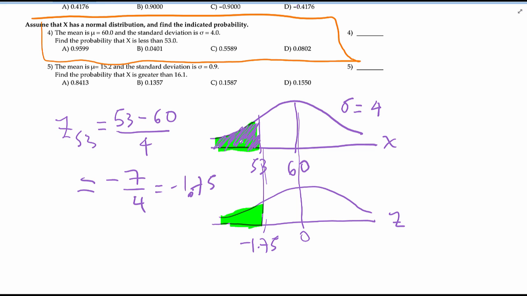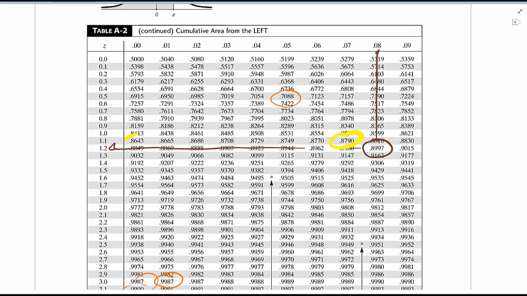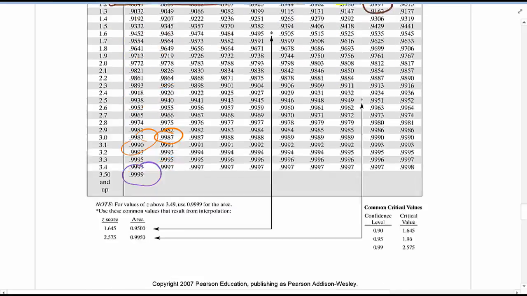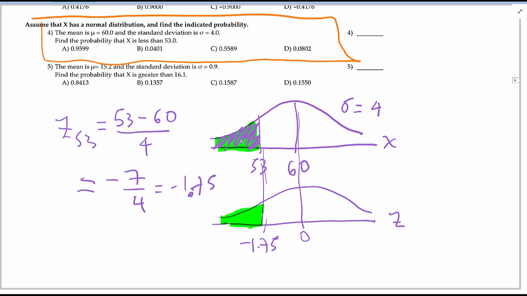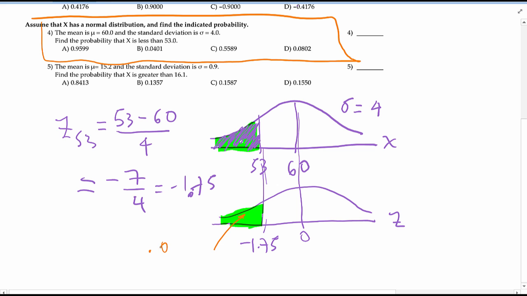So let's go to the negative table at 1.75. Negative 1.7, 0.05, we get 0.0401. So this area right here is 0.0401, and that would be our answer, which is B.